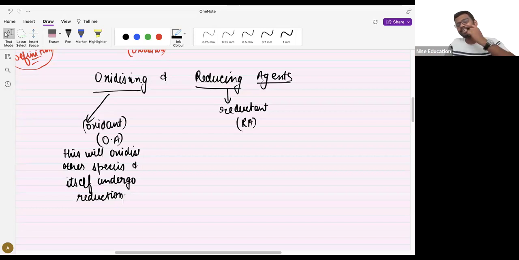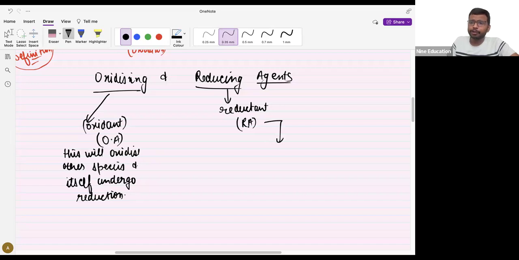Same way, oxidizing agents are those agents which will oxidize others and they themselves will reduce. Oxidizing others means increasing the oxidation number of others and decreasing their own oxidation number. Are you understanding or not?